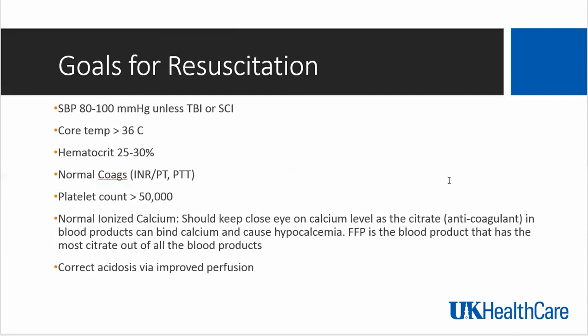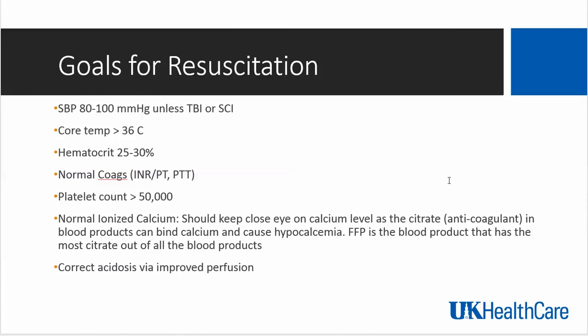So, goals for resuscitation in a trauma patient. Systolic blood pressure 80 to 100, unless, like we talked about, they have traumatic brain injury or spinal cord injury. A core temperature of greater than 36 degrees Celsius. A hematocrit of 25 to 30%. Normal coags: INR, PT, PTT all within normal limits.